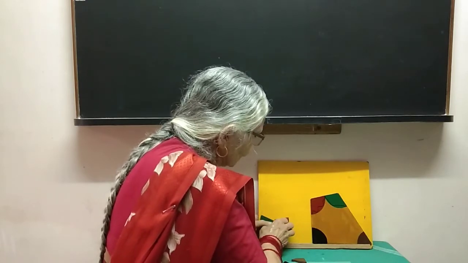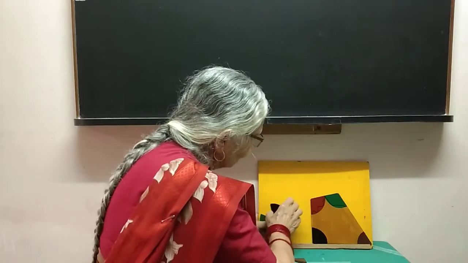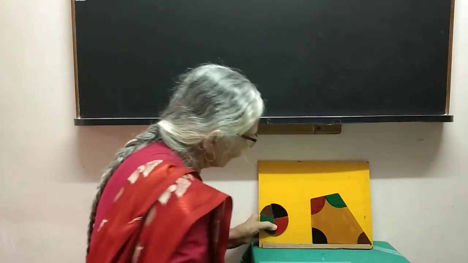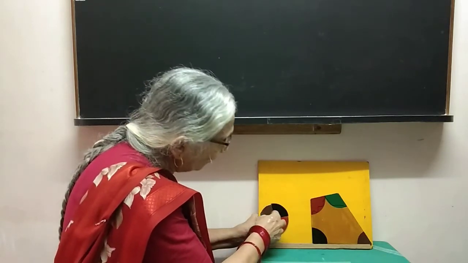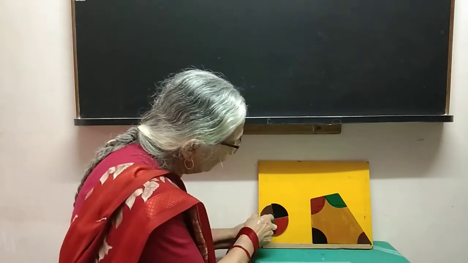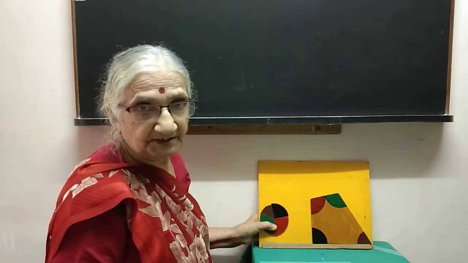I put the bigger ones below. Here is the third one, and here is the fourth one. What has happened? At this point, all four of them meet, no gap is left, which means that the sum of all the four measures is 360 degrees.